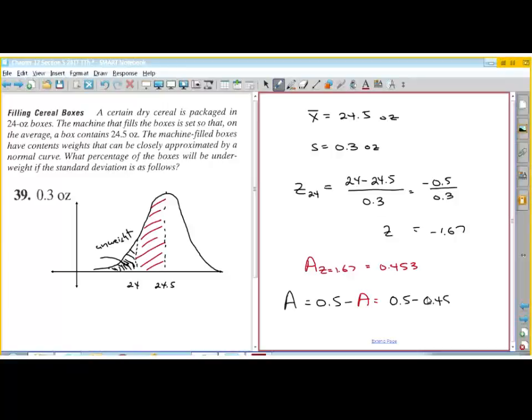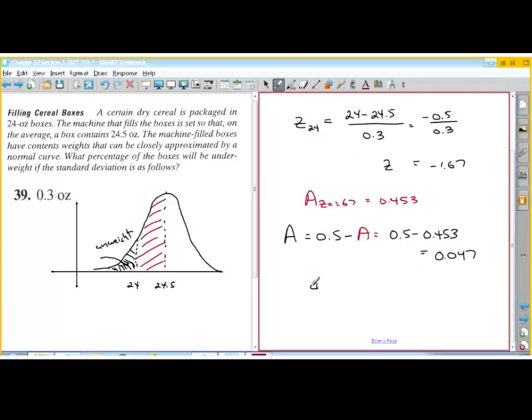So you get 0.5 minus 0.453, which is 0.047. So 4.7% of the boxes will be underweight.